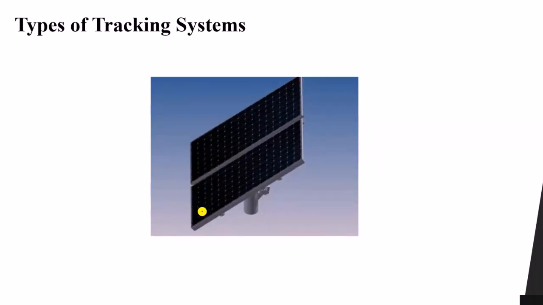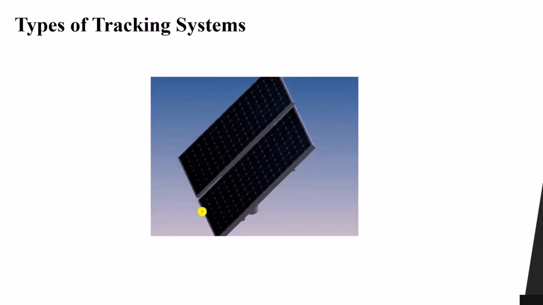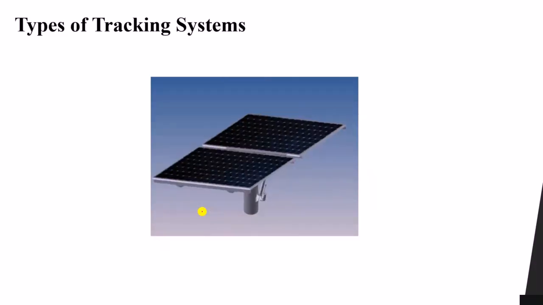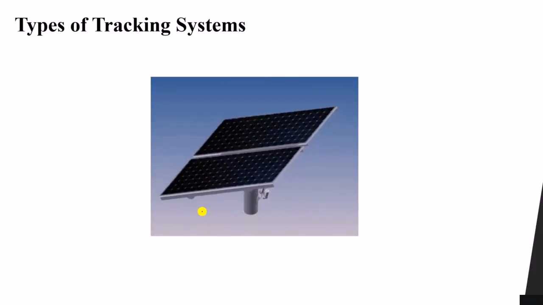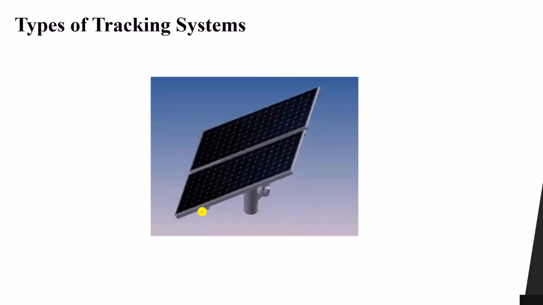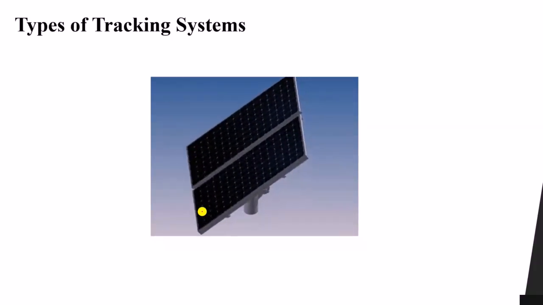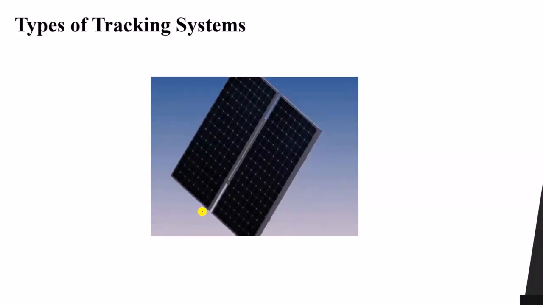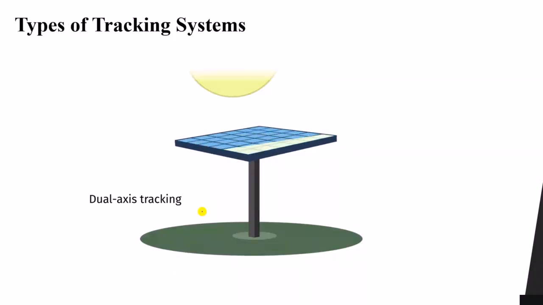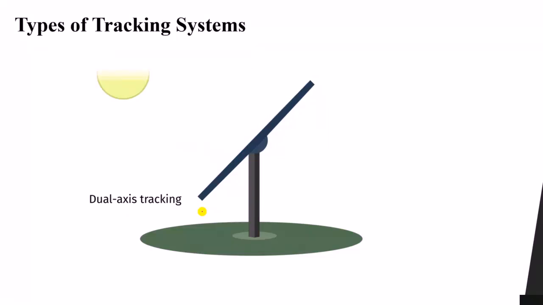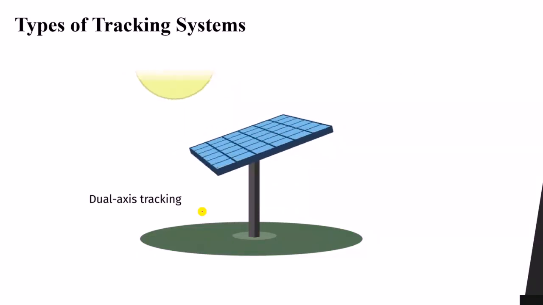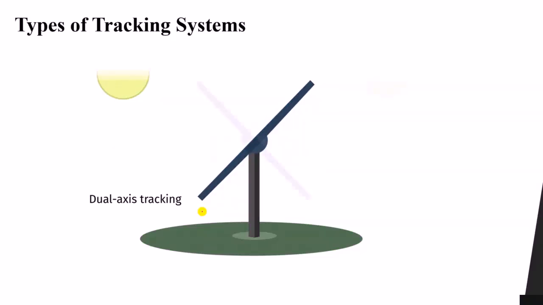You can see it is moving in both axes, rotating towards the sun. As you can see here, it can be vertical, or it can be horizontal, or it can be something like this, which is a dual axis. You can see the PV panel is always tracking the sun, going everywhere in order to absorb the maximum power.